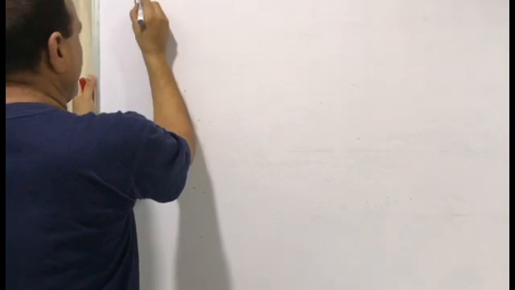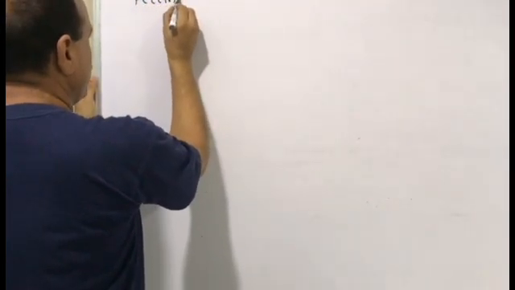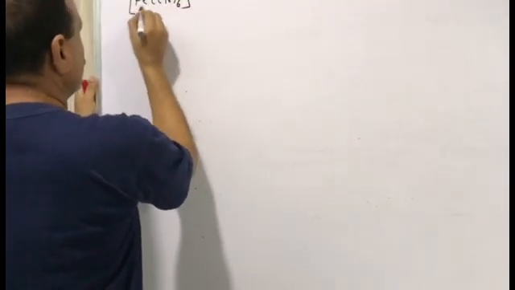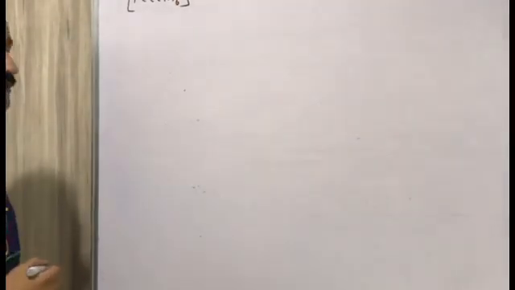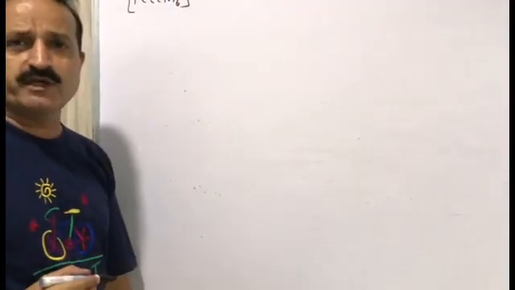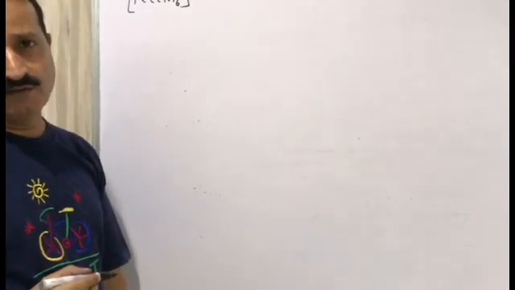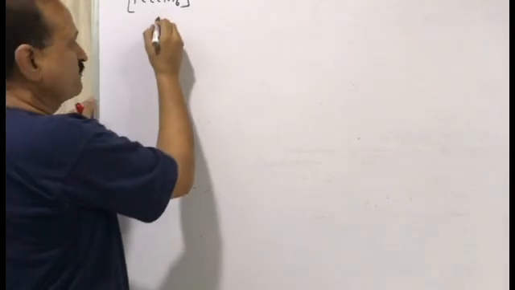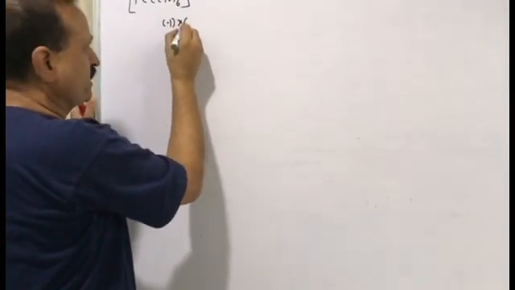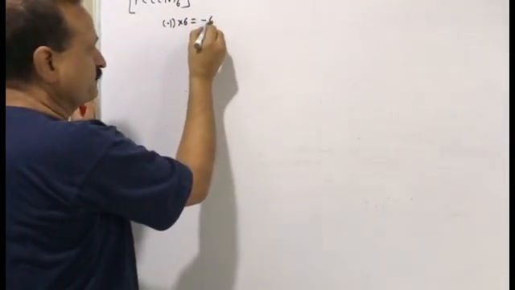We have [Fe(CN)6]4-. First we must discuss the oxidation state of iron. This is ferrous. CN is minus 1 into 6, total minus 6.